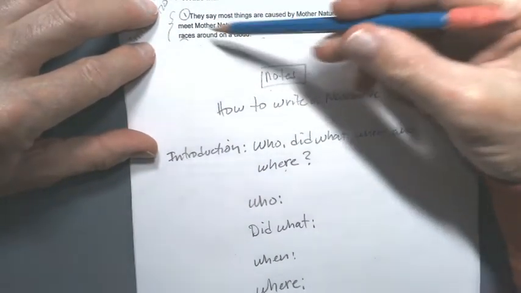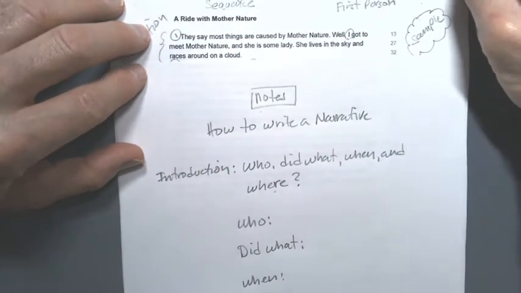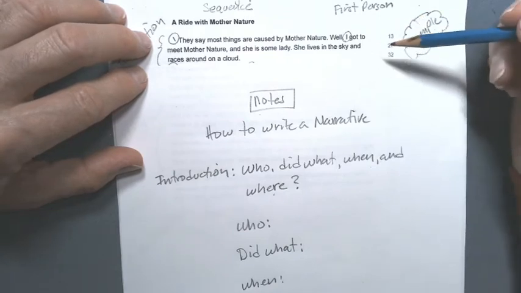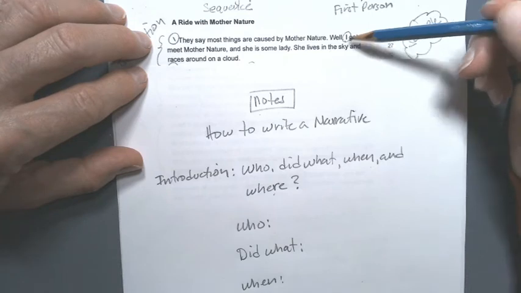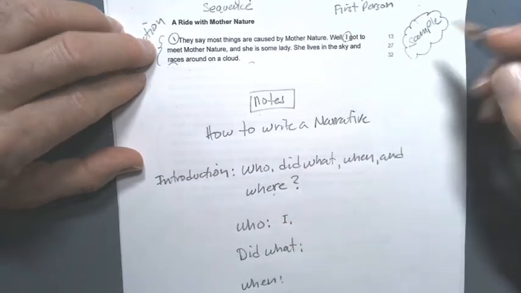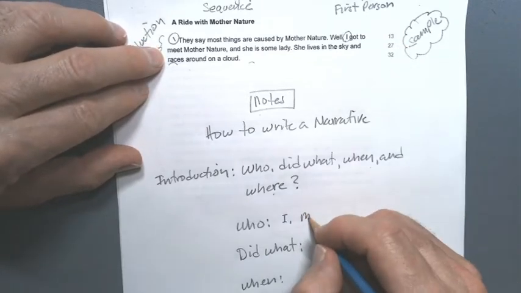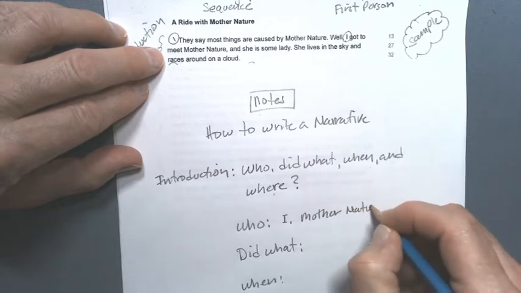So who is being discussed here in that first paragraph? We call them the protagonist. That's the character in the story telling the story. So I would be a who. Okay, we could say that much. I got to meet Mother Nature. She is some lady. And I would say Mother Nature is the other character.